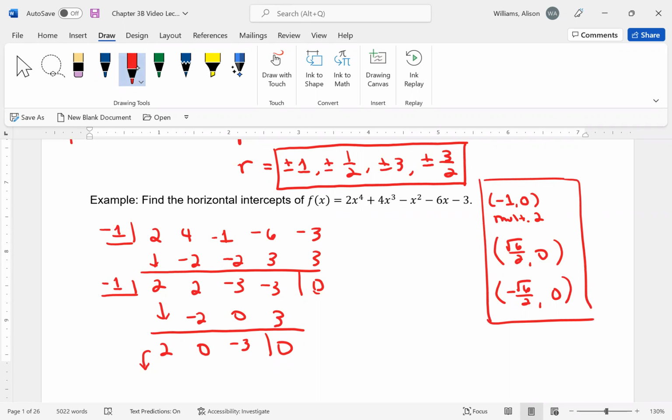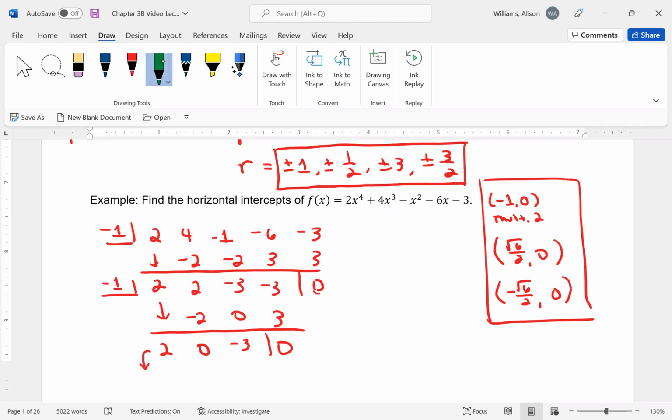And as you could see, the picture, though it kind of helped us, wasn't perfect in us understanding where the actual horizontal intercepts were. Part of that has to do with, you would have to zoom in really close to get a better idea that it really wasn't a cubic, that it was probably doing something like this.